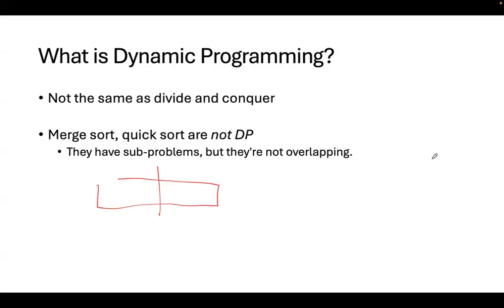However, they're not overlapping. So sorting the left half of the array has no bearing to sorting the right half of the array, right? So there are subproblems, but not overlapping. So there's a difference between pure divide and conquer and dynamic programming.